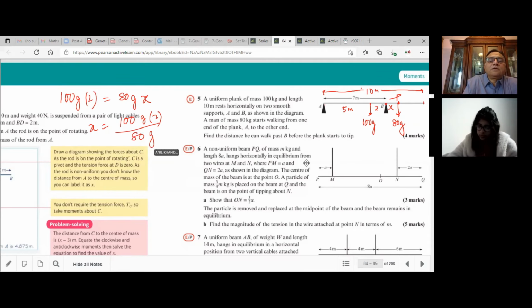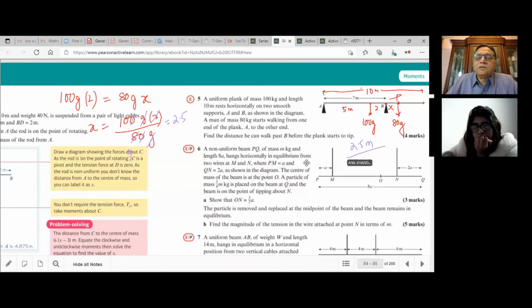Now we can calculate: g and g cancel, 2 goes into this 4 times, and this is 2.5. So B to P is 2.5 meters. Does it make sense?